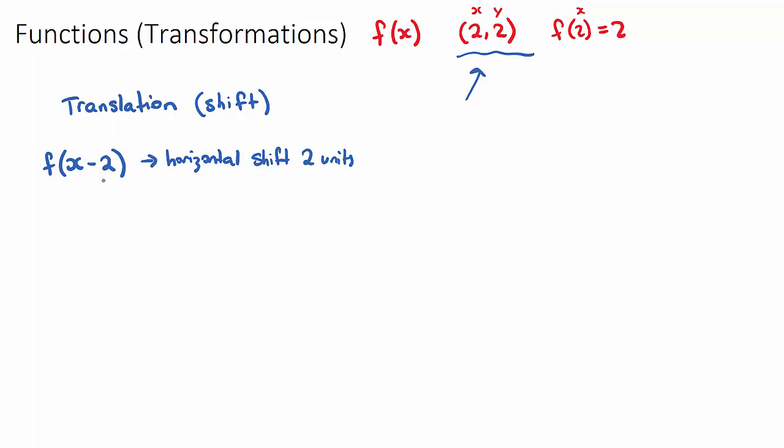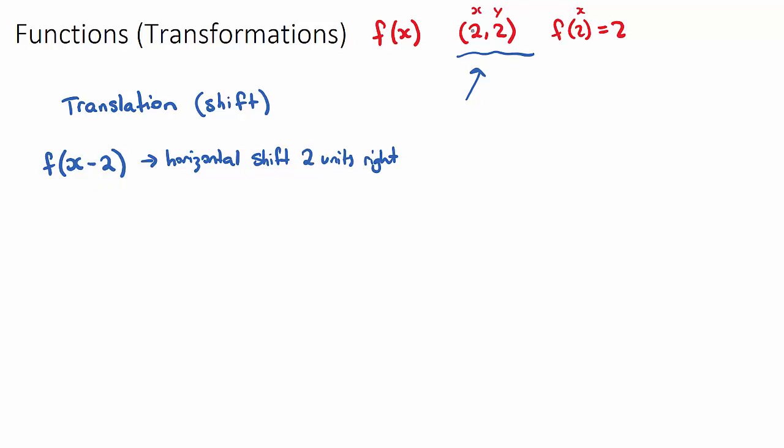Now you might think, why is it to the right? This is x minus 2. Well, with horizontal shifts, they're actually the opposite. They get shifted the opposite way to what you think. It's the opposite to this term in here. So this will be 2 units to the right, or you could say 2 units in the positive x direction.